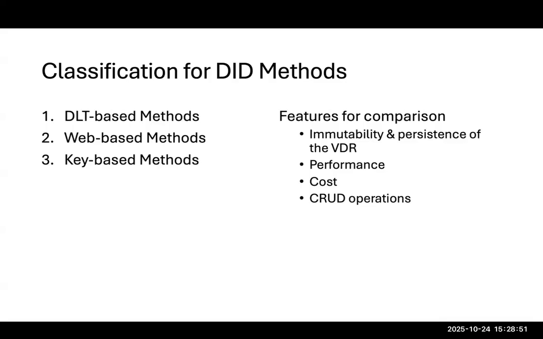So the idea behind the people specifying web-based methods is that there is only one single infrastructure that the whole world is using today, that is the web infrastructure. So don't use DLT because there is not a real agreement and consensus about which kind of DLT we can use.